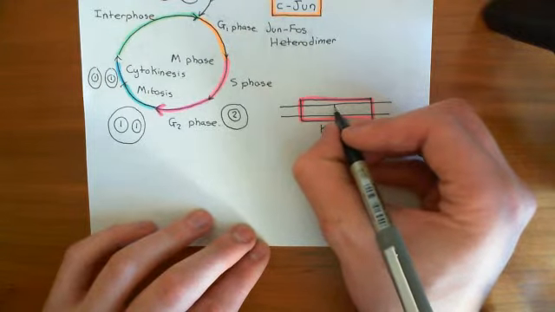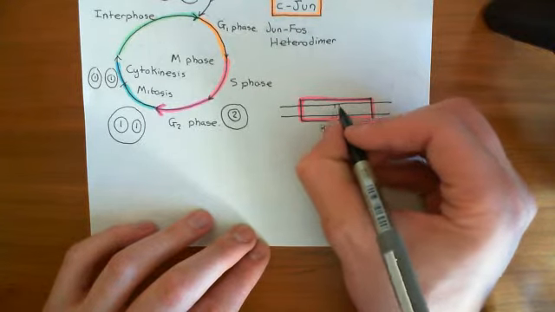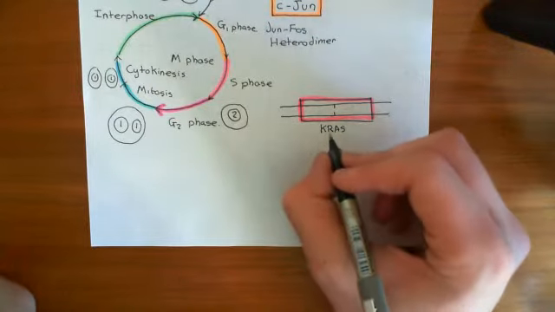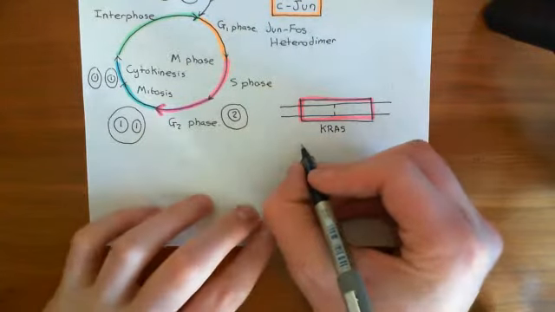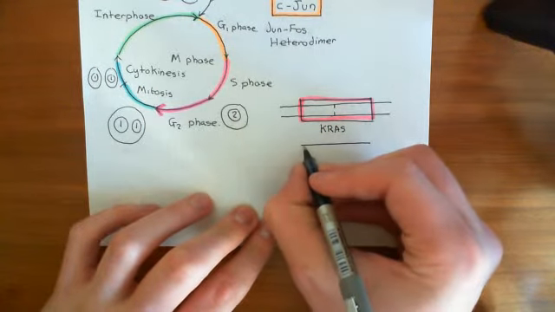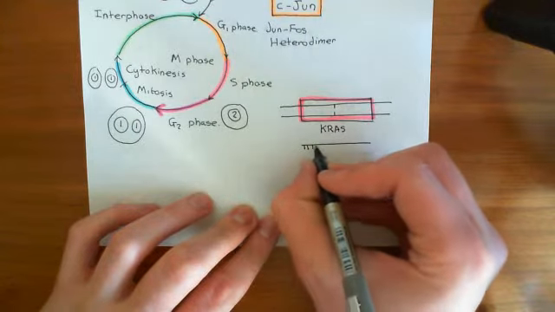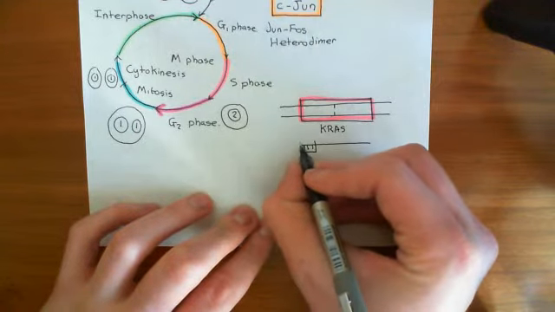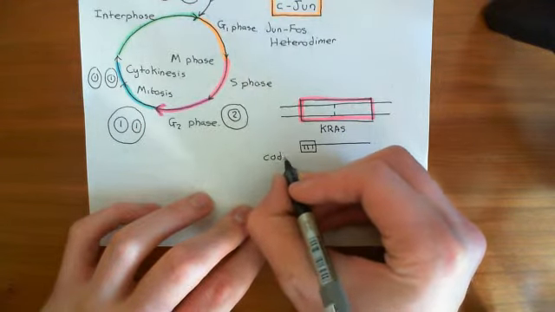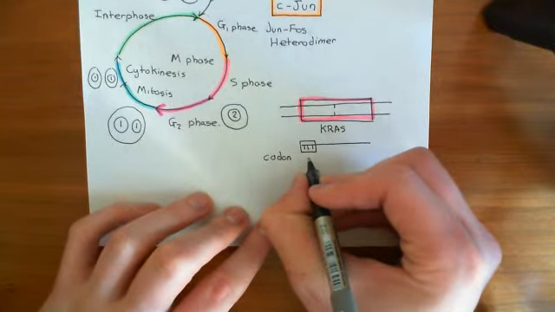Now, remember, when genes are transcribed into RNA, you get a complementary piece of mRNA, and then when you translate the mRNA, you don't look at every organic base on its own. Instead, you look at a triplet of organic bases known as a codon, and the combination of three organic bases decides what amino acid to put in.